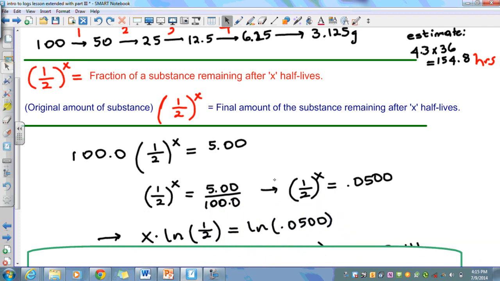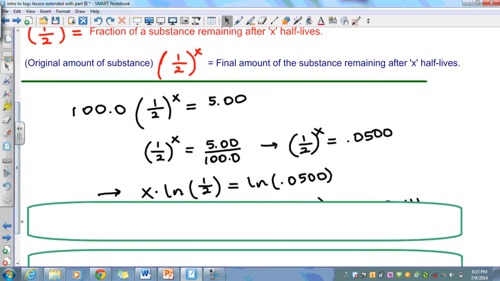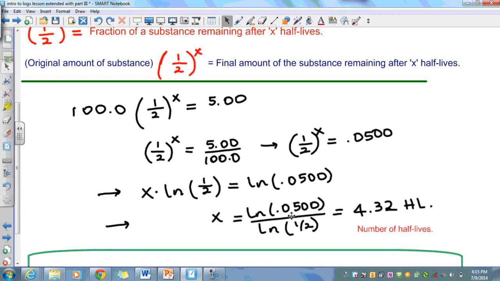Remember that you can bring the x down after you apply natural log. That's what you see in the next step. x times ln 1/2 equals ln of the right hand side. And finally, to solve for x, all we have to do is a simple division. Divide both sides by ln of 1/2, and voila, we have the answer. Again, you're going to need to use a calculator, of course. Simplify and you're going to get 4.32.